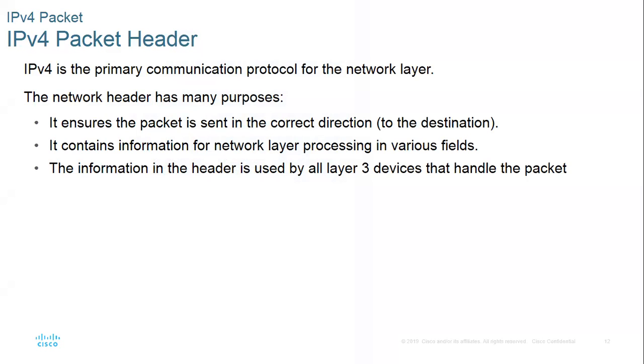The header of the IPv4 packet holds the source and destination logical IP addresses, identifying a host worldwide connected to the internet backbone. It also contains information usable by the network layer to process and deliver data to the destination.